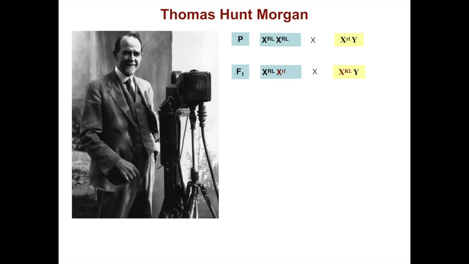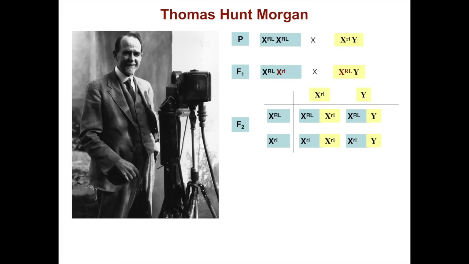So the female would have both a chromosome with both dominant alleles and a chromosome with both recessive alleles. In the F2 generation, if we cross the male and the female, you can produce these gametes. And you should get these types of progeny if these genes are really linked.